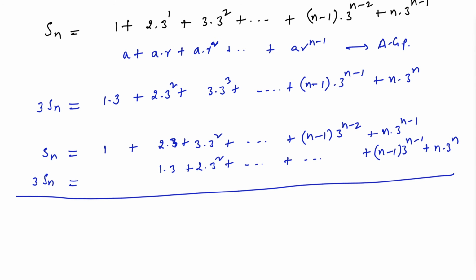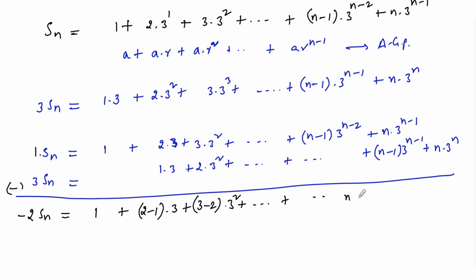So by subtracting these two equations, 1 times Sn minus 3 times Sn, that is negative 2 times Sn, is equal to 1, and here 2 times 3 minus 1 times 3, that is 2 minus 1 of 3, and here 3 minus 2 of 3 square, and so on. We can write n minus of n minus 1 times 3 to the power of n minus 1, and again negative n into 3 to the power of n.